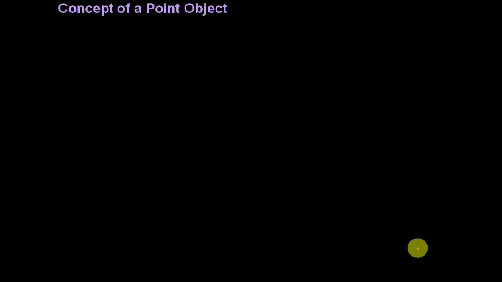What is the concept of a point object? Suppose I give one example. In a very big ground, suppose in a cricket ground, Motera cricket ground, we are sitting alone in that stadium.